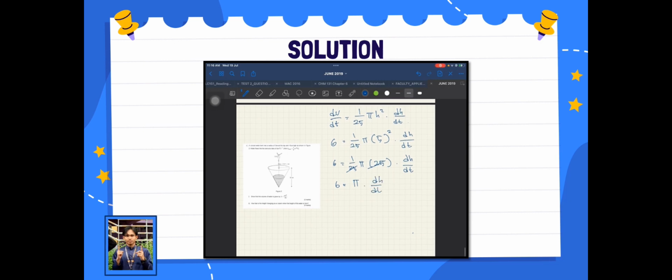And lastly, in order to find dh/dt, we can move π to the other side, and we get dh/dt is 6/π units. And that's the answer for the second question. So that's all for the solution for this question. Thank you.